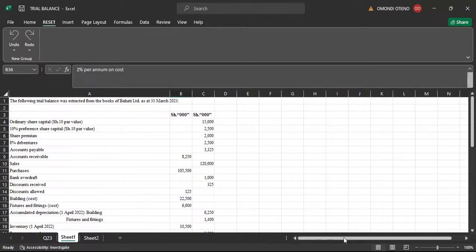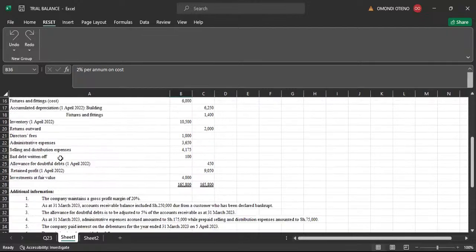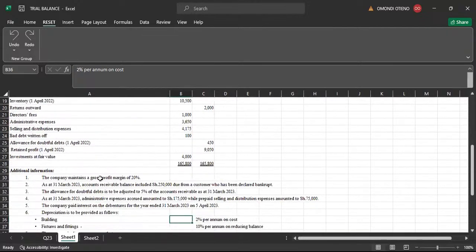Which account? So remember, they are not giving us the closing inventory, but then they are telling us that the company maintains a gross profit margin of 20%. The moment we see margin, profit margin, it will always be divided by the sales.